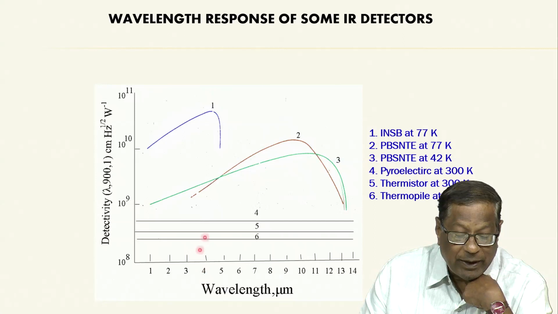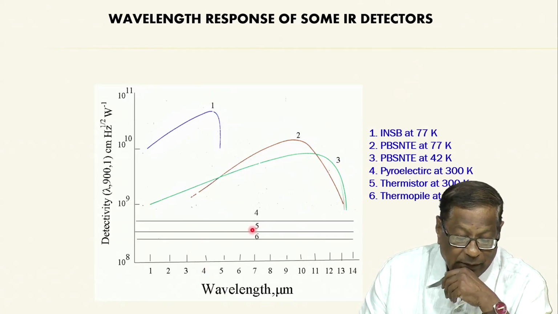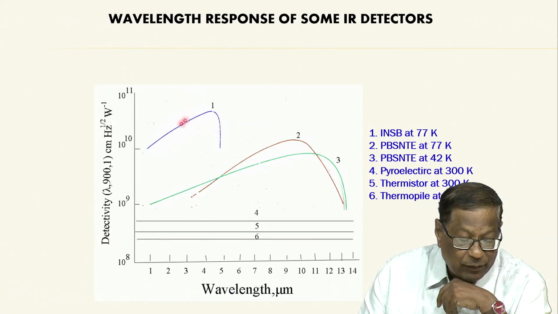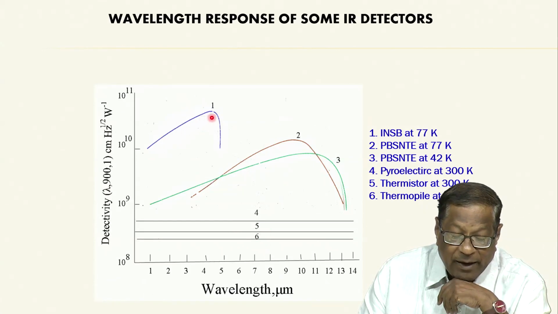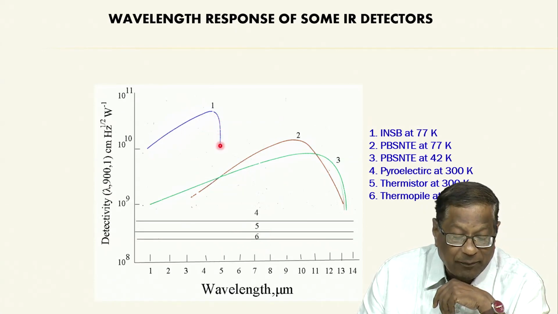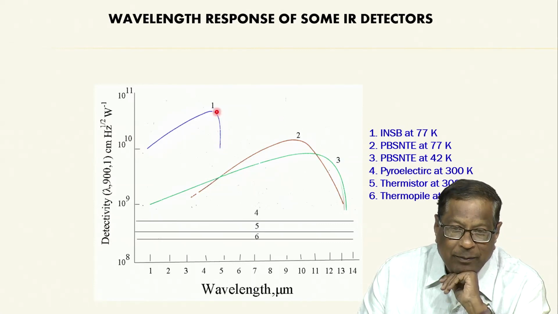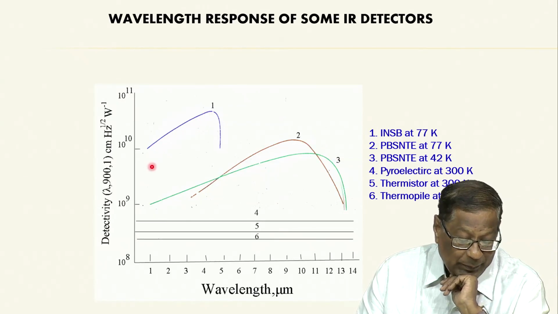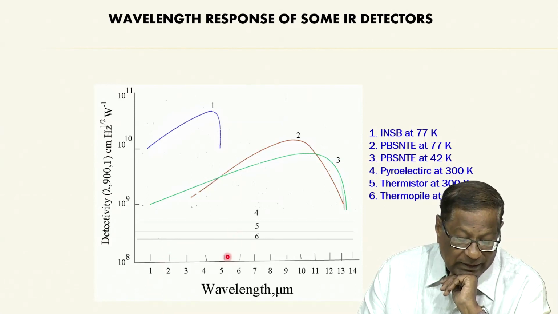Now, I have different curves here, 1, 2, 3, 4, 5, 6. The first one is the indium antimony detector, that is the thermocouple made of indium and antimony. It keeps on increasing from 1 to 5 micrometers, and then it falls off.